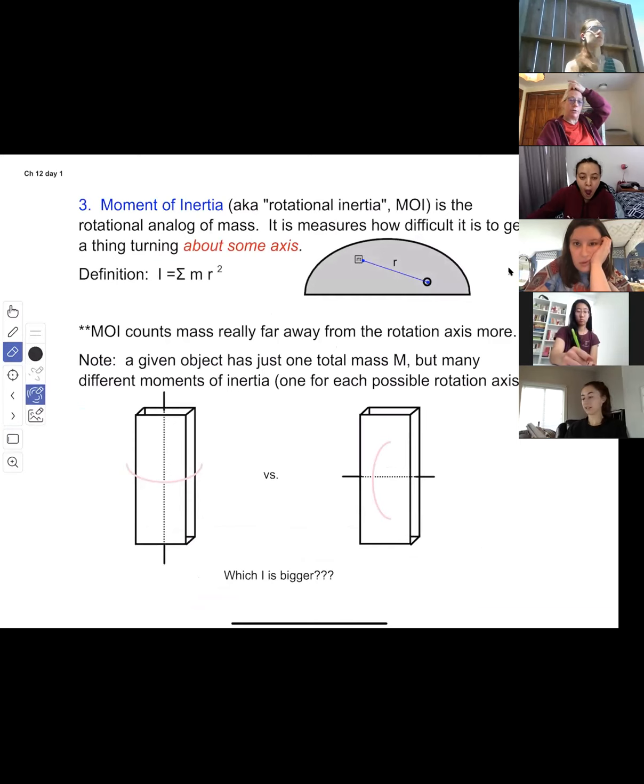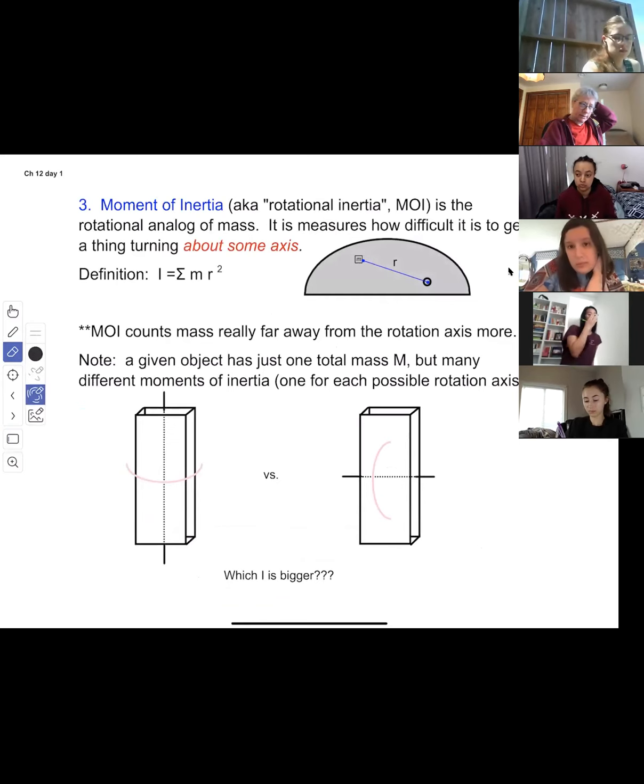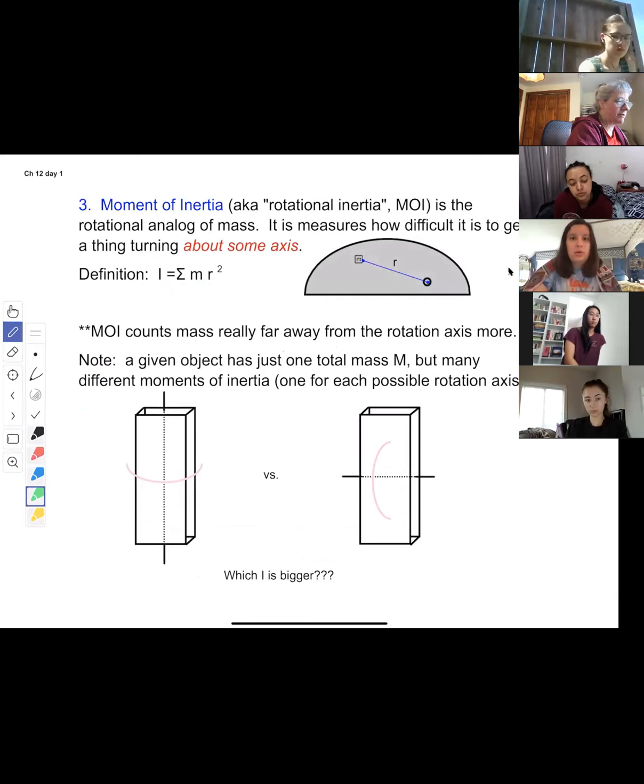Moment of inertia was one of the ideas that you had a few questions about. The definition for moment of inertia, in equation form, looks like this. The moment of inertia I is a sum, and it's like you're adding up all the masses of some object. Let's take some arbitrary object.